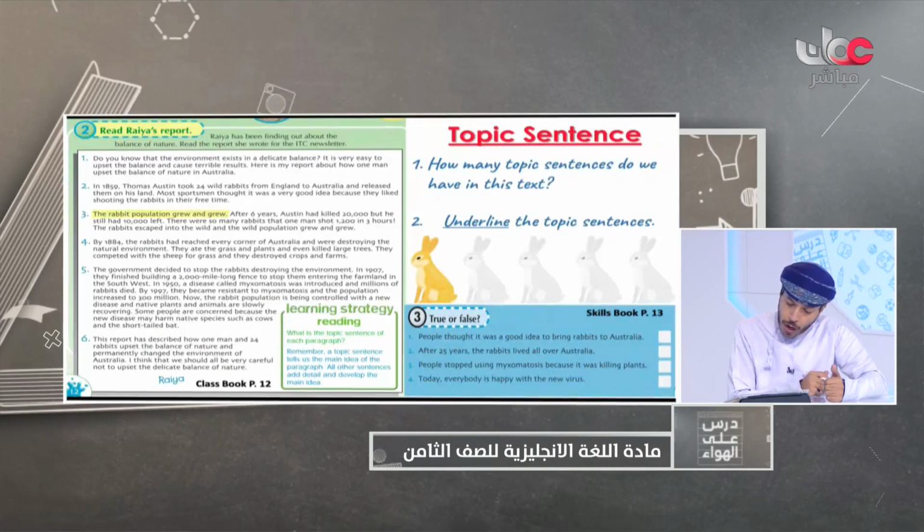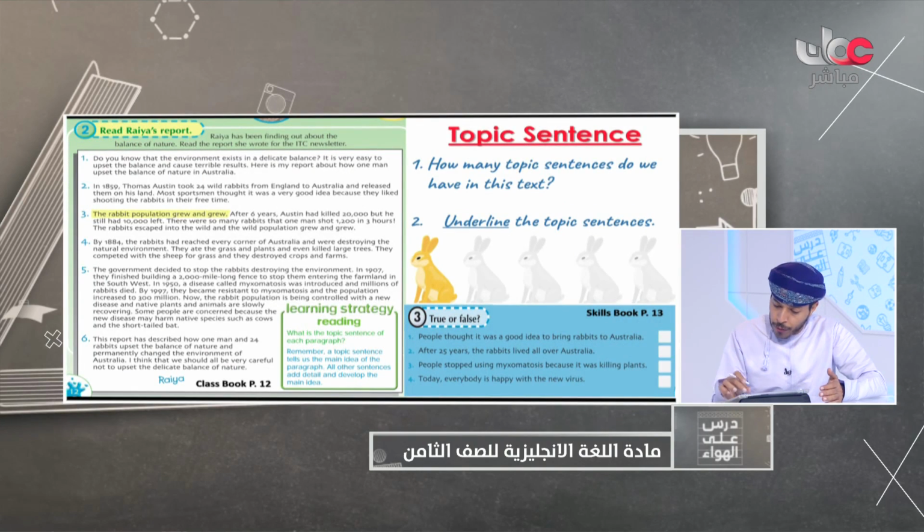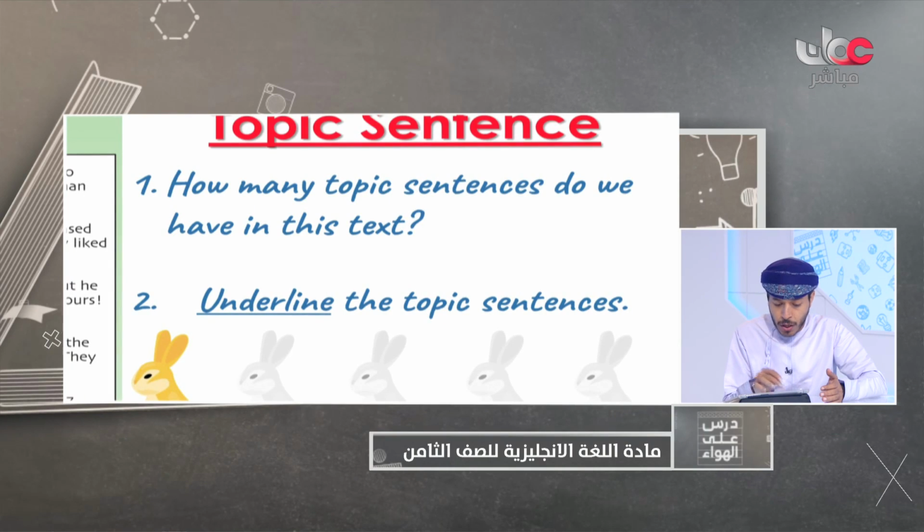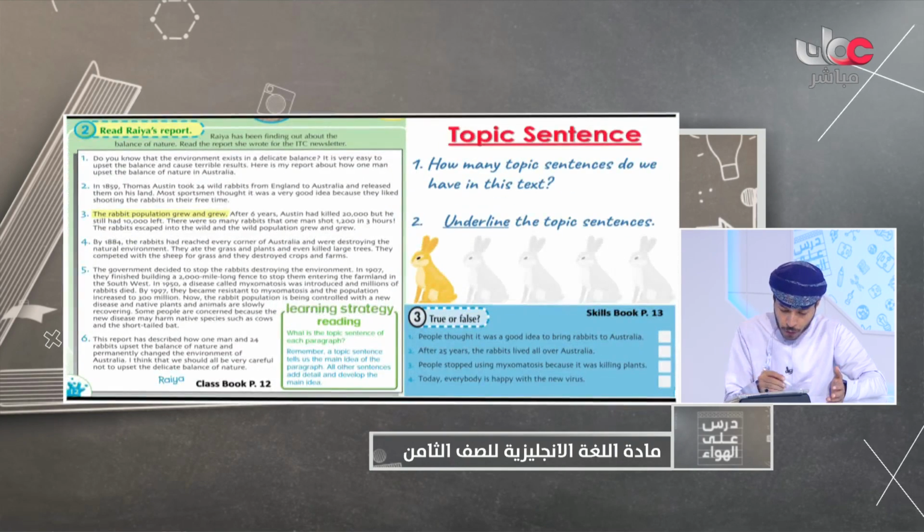Okay, so now here the first question, how many topic sentences do we have in this text? Very easy, it depends on the paragraphs. So we have paragraphs from 1 to 6. So we have how many topic sentences?